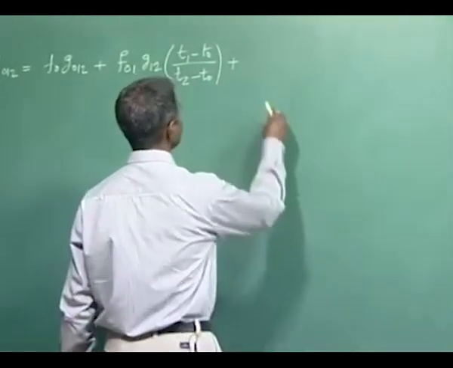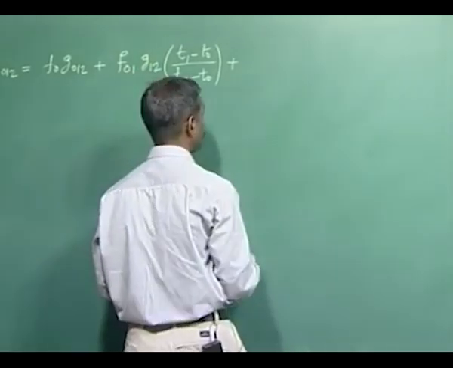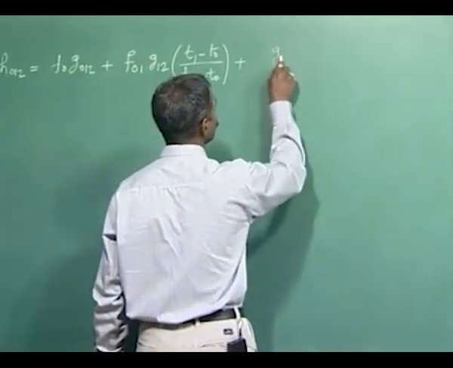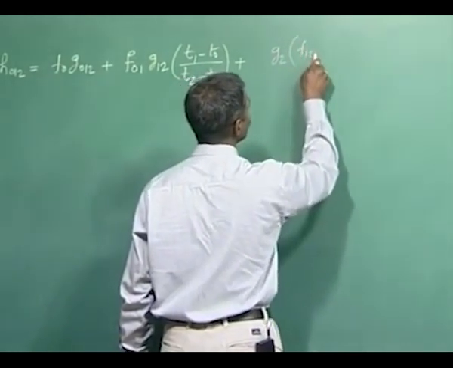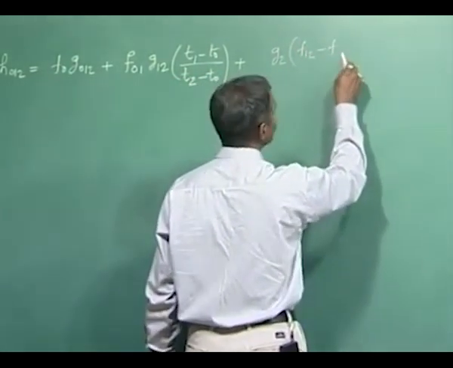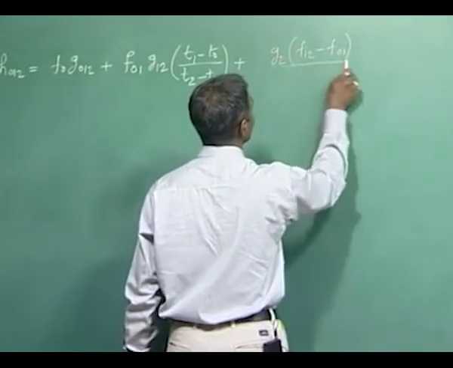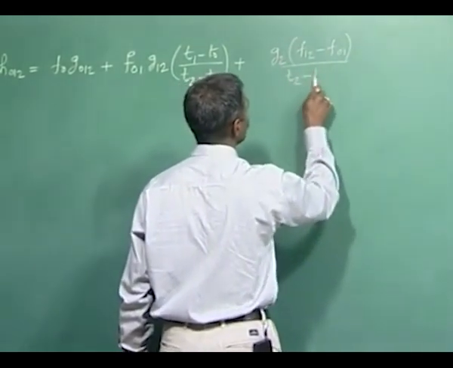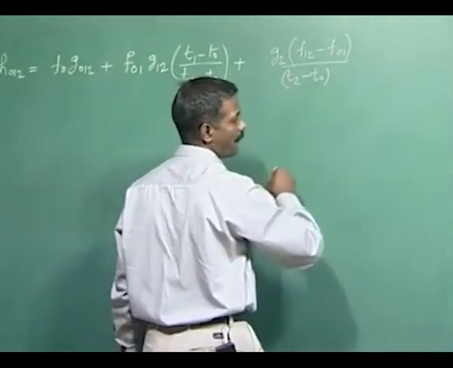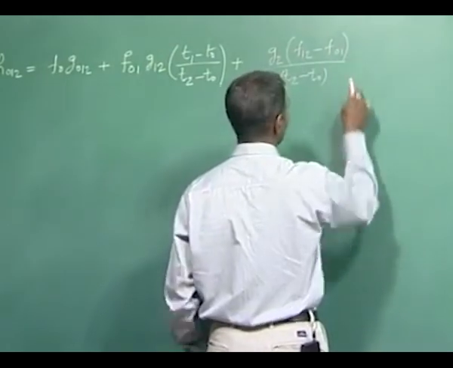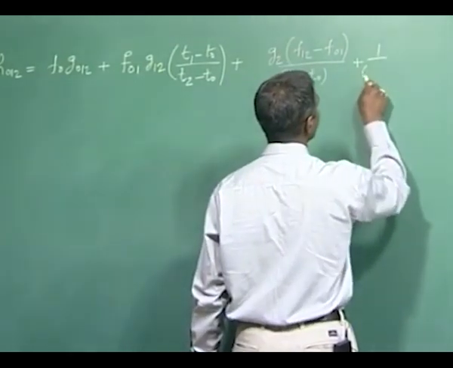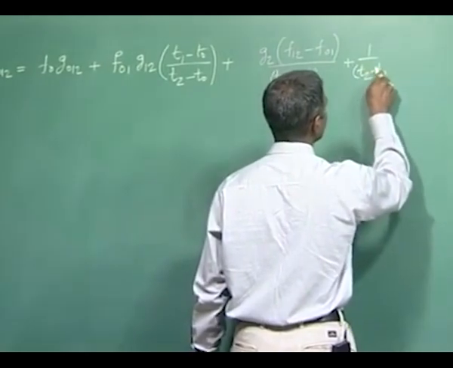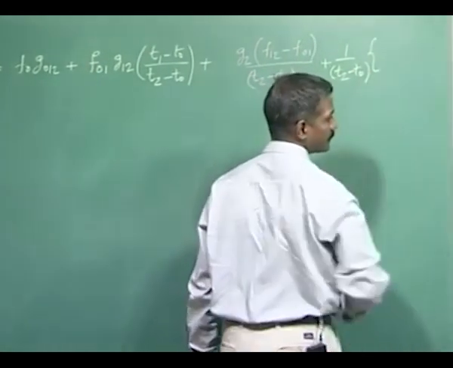This would give me G2 times F12 minus F01 over T2 minus T0, plus 1 over T2 minus T0 whatever is left.